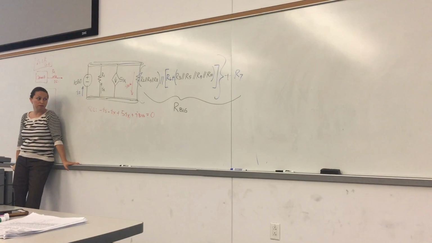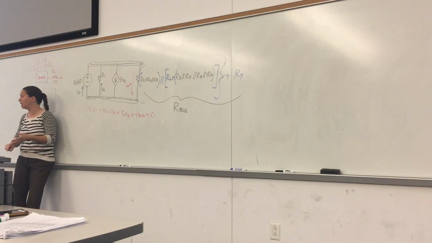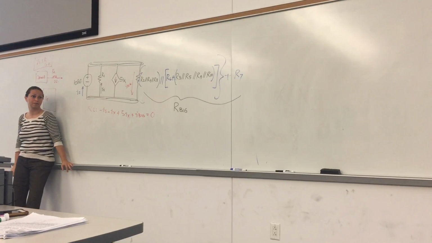Looks like I have 3 unknowns, 1 equation, but I didn't use Ohm's law yet, right? I'm done with KVL, done with KCL, I don't have anything else left. It's only Ohm's law.